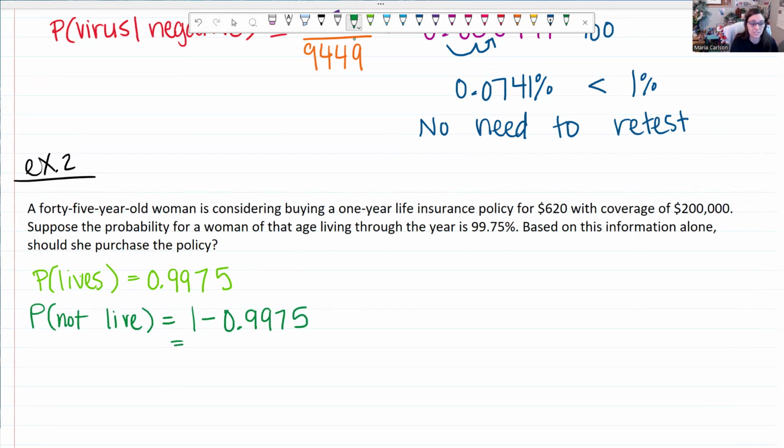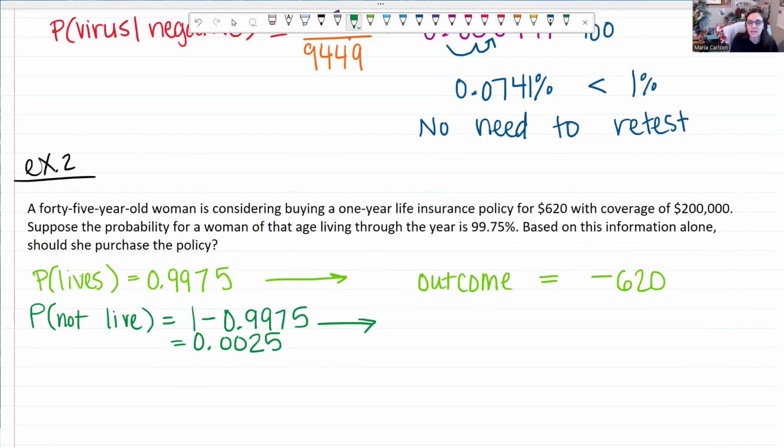So the probability she does not live is 0.0025, a 0.25% chance. Now, if she lives, the outcome for her is that she lost $620 for the year.